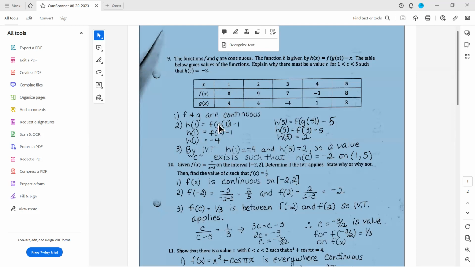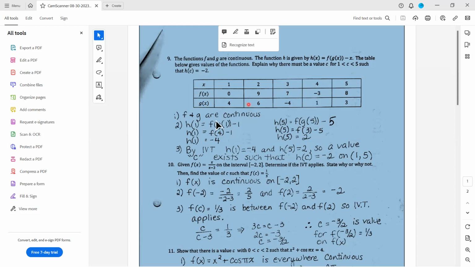F of G of 1, so F is swallowing whatever G of 1 is. What is G of 1? That's 4. F here is swallowing 4. So F swallows 4. What is the result?